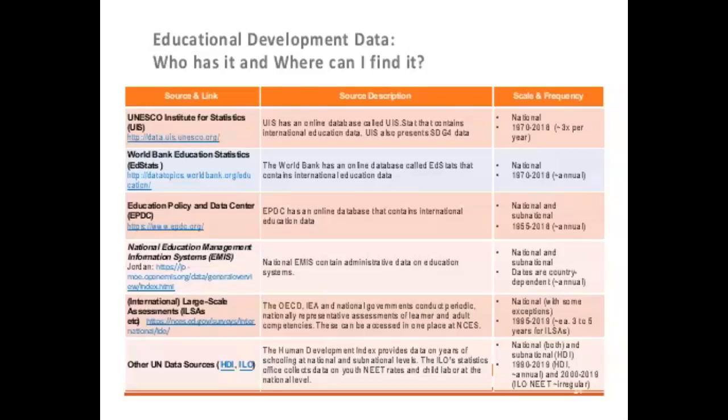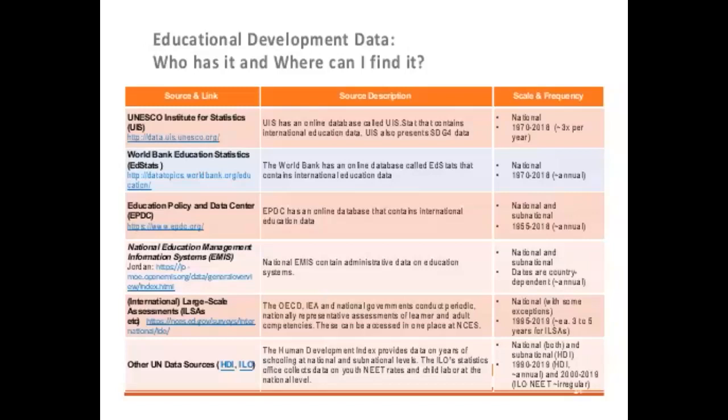EMIS, which is National Education Management Information Systems, is administrative data on countries' education systems, and data can be both national and subnational, and the updates are dependent on the different countries. So it depends on which country is collecting it on how frequently it's updated.